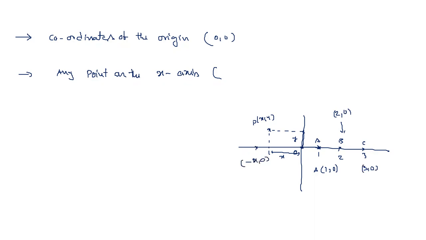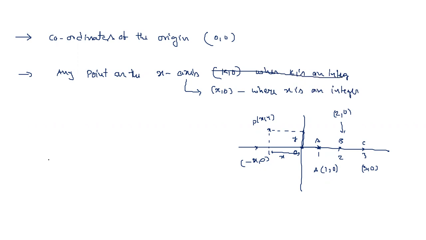So any point on the x-axis is some (k, 0), where k is an integer. Instead of that, we will take (x, 0) as a variable point on the x-axis, where x is an integer. Instead of (k, 0), consider (x, 0), that will be useful.